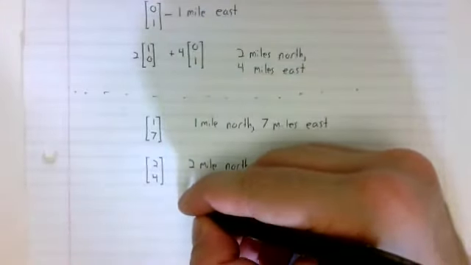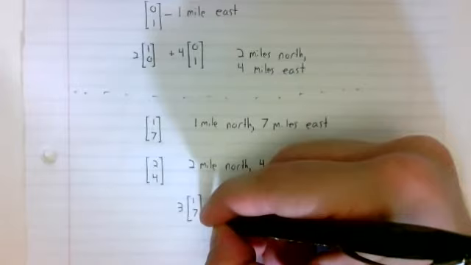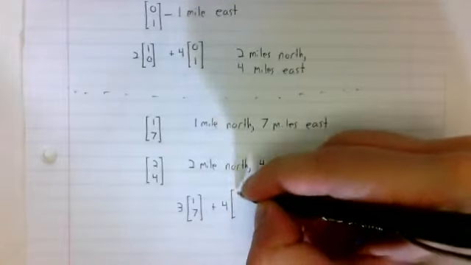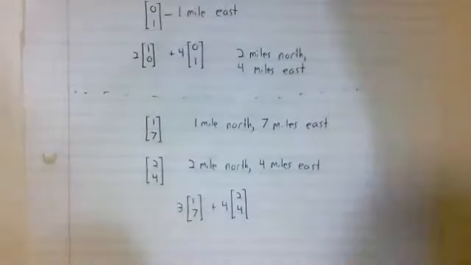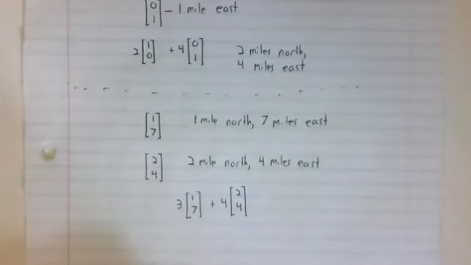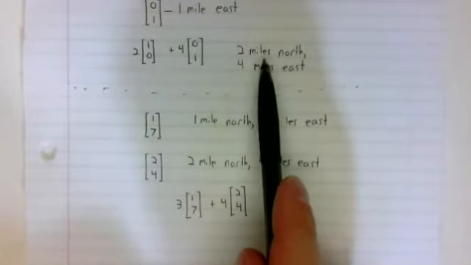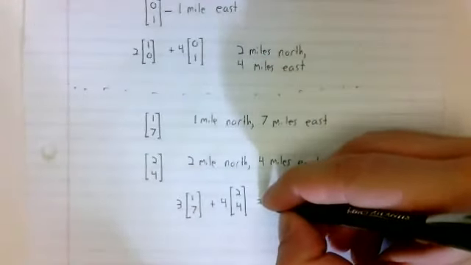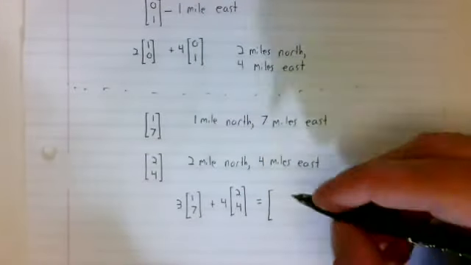So if we have a linear combination of these basis vectors, we can no longer simply look at this and immediately read off what it represents. We can figure out what it represents by doing the scalar multiplication and addition.